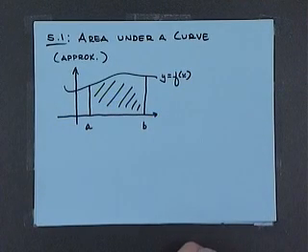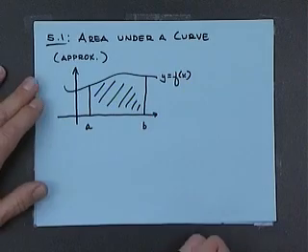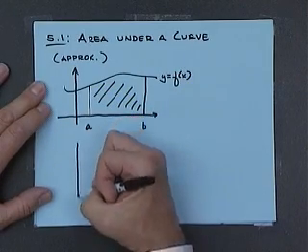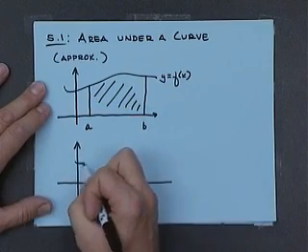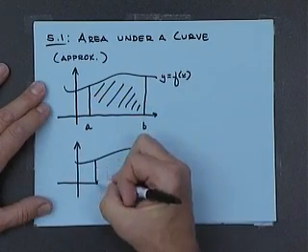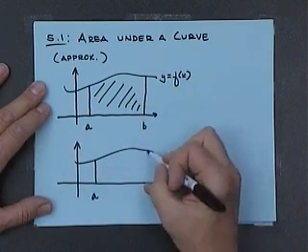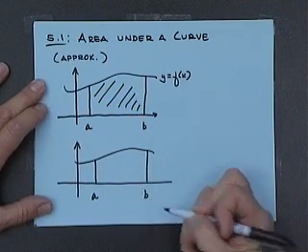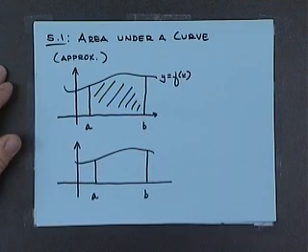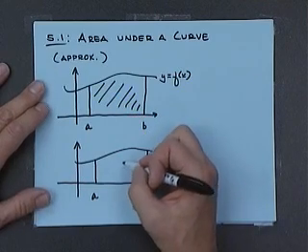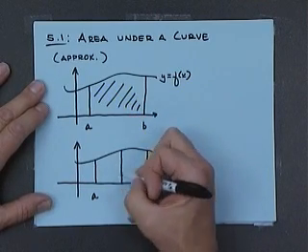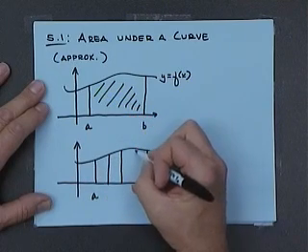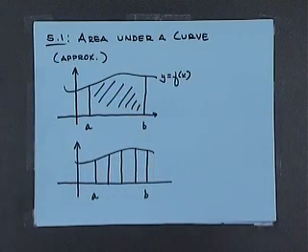So the approximation technique that we start with is to take that region and subdivide it into rectangles. So let's say we want to subdivide it into 4 rectangles.